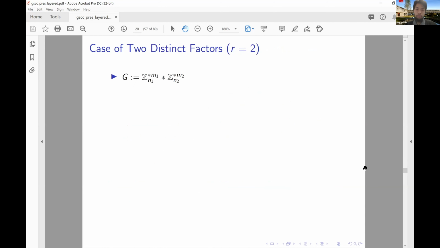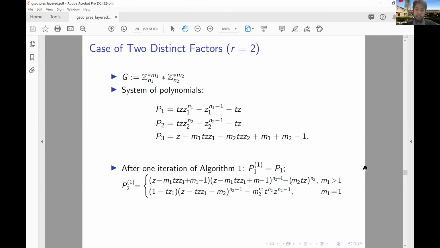For R = 2, we get something similar. As you can see, once I run one iteration of my algorithm, the polynomial will look different based on the cases of M1, but it's already a bit more complex. The satisfying polynomial we get is too complex to generalize, but we can get a naive upper bound by using that resultant inequality.